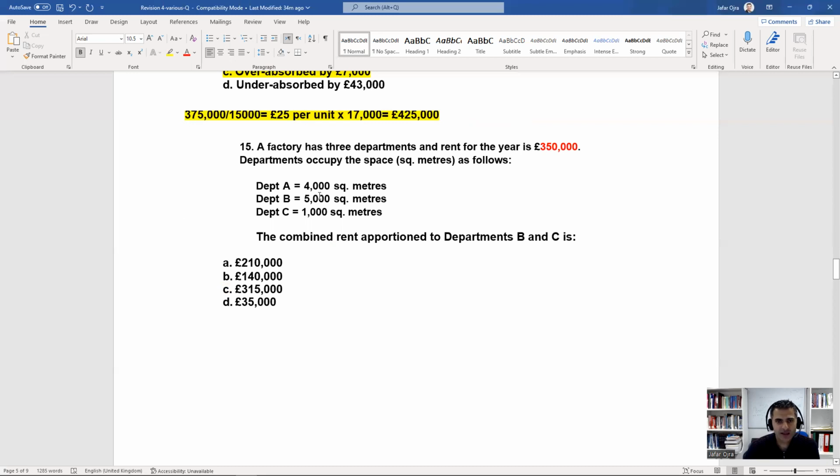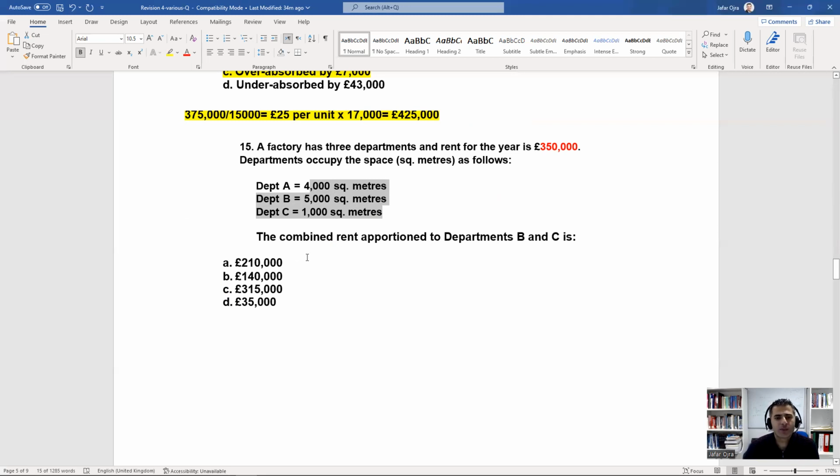Department A, 4,000 square meters, department B, 5,000, and department C, 1,000. If you add them all together, that's 10,000 square meters.